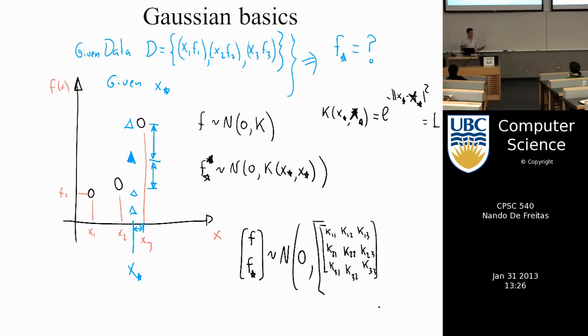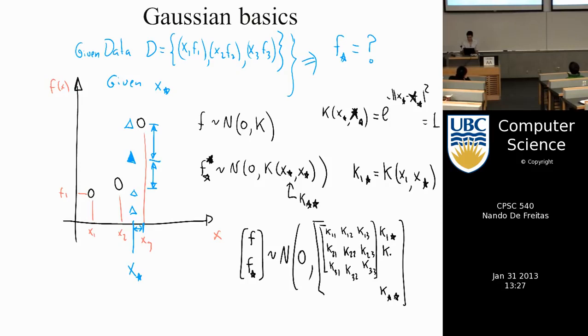And now I'm in 4 dimensions, so I also need to look at the correlation of f with f*. And I have here k**. I'm using the notation that k1* is just equal to the similarity between x1 and x*.